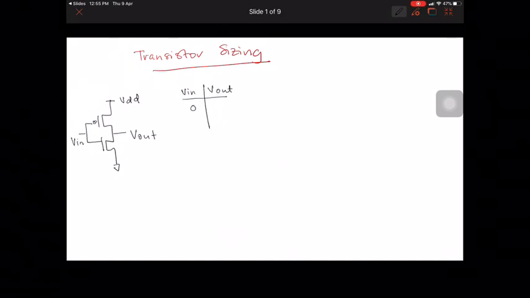When the input is 0, the output is 1, and when the input is 1, the output is 0. This means when the input is 0, the one that turns on is the PMOS, and when the input is 1, the one that turns on is the NMOS.